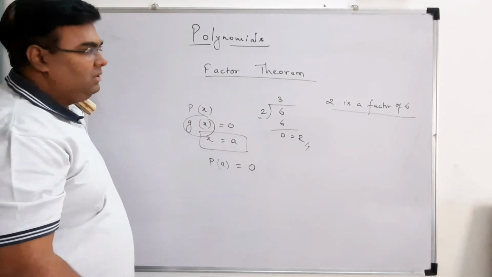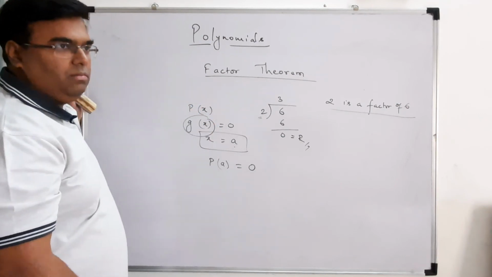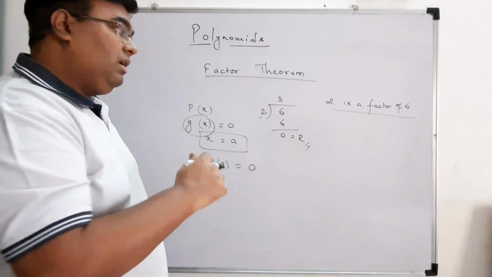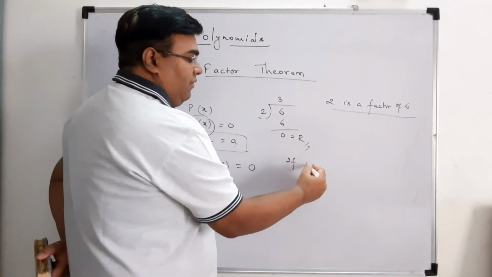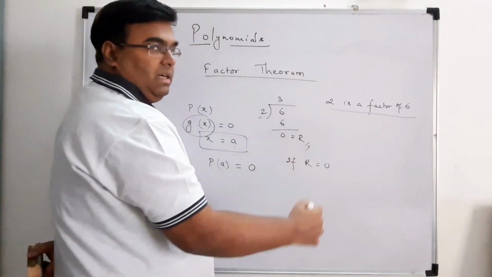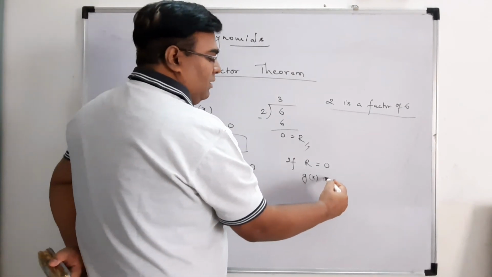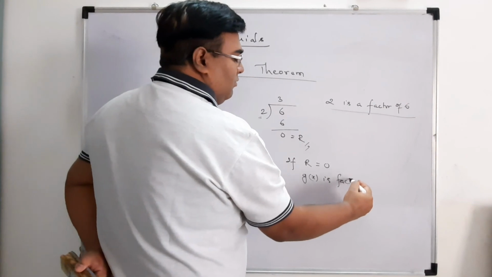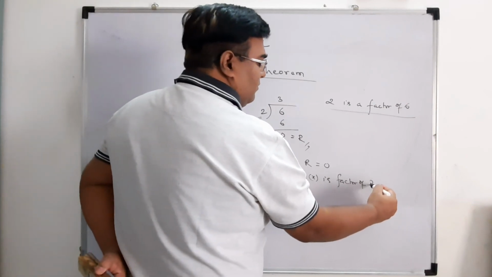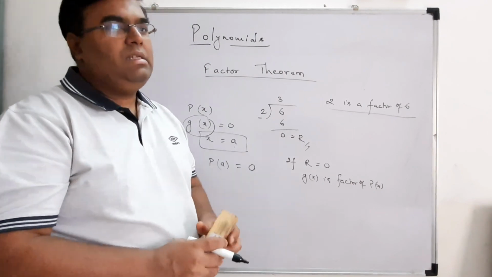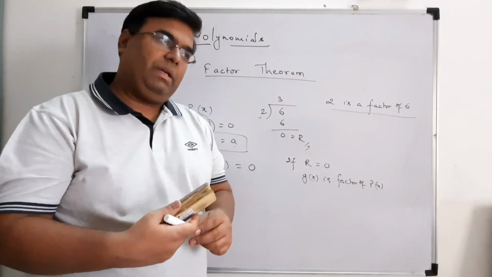This is called the factor theorem. So what you need to do is just check the remainder. If the remainder r comes to 0, we can say that g(x) is a factor of p(x). If r is not equal to 0, then g(x) is not a factor of p(x). That's it.